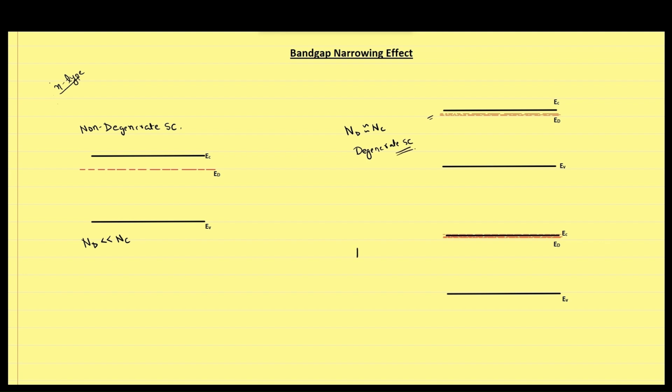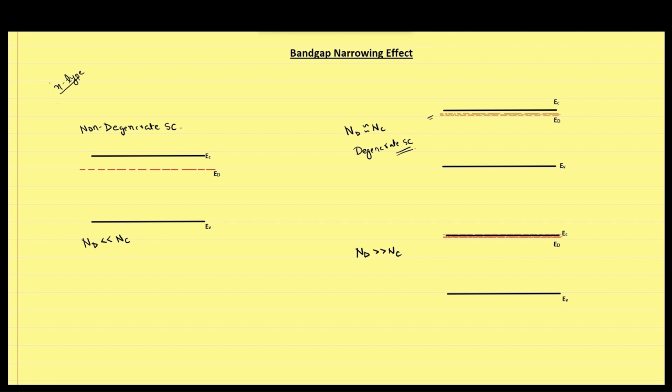Similarly, if you assume that Nd is very much greater than Nc, then there will be a case when the energy band created by the dopant energy level will actually meet the bottom of the conduction band. When this happens, we can also say that we have more energy levels below the conduction band where electrons can reside and be considered free electrons, which will further increase the conductivity of the semiconductor.